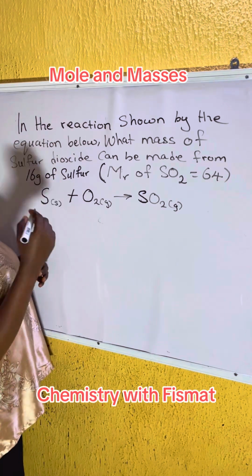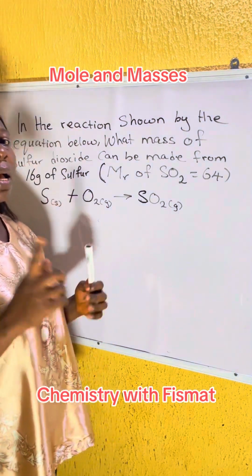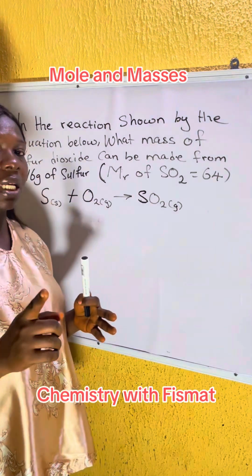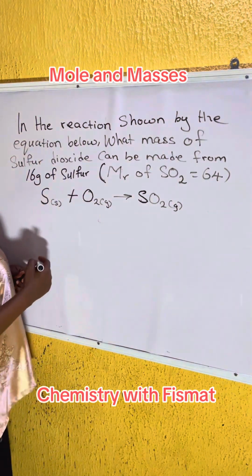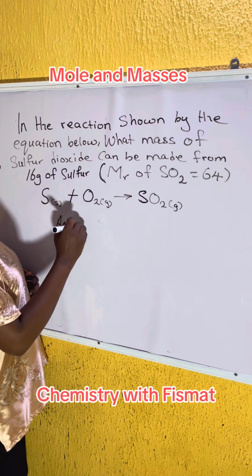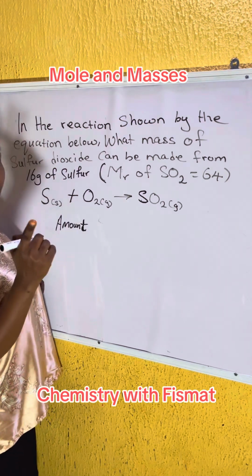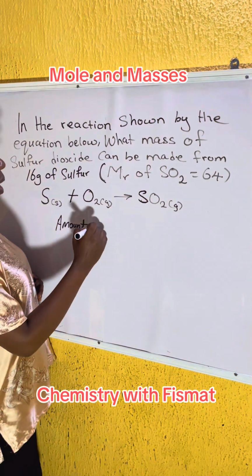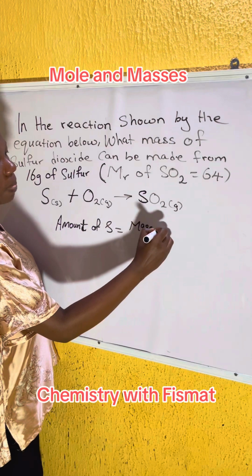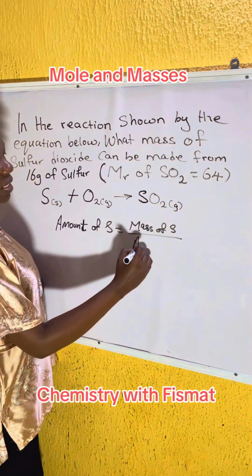Now, there's a relationship between the amount in moles of a substance, the mass, and either the relative atomic mass or the relative formula mass. Here we have the mass of sulfur, 16 grams. So the amount of sulfur is going to be the mass of sulfur divided by the relative atomic mass.